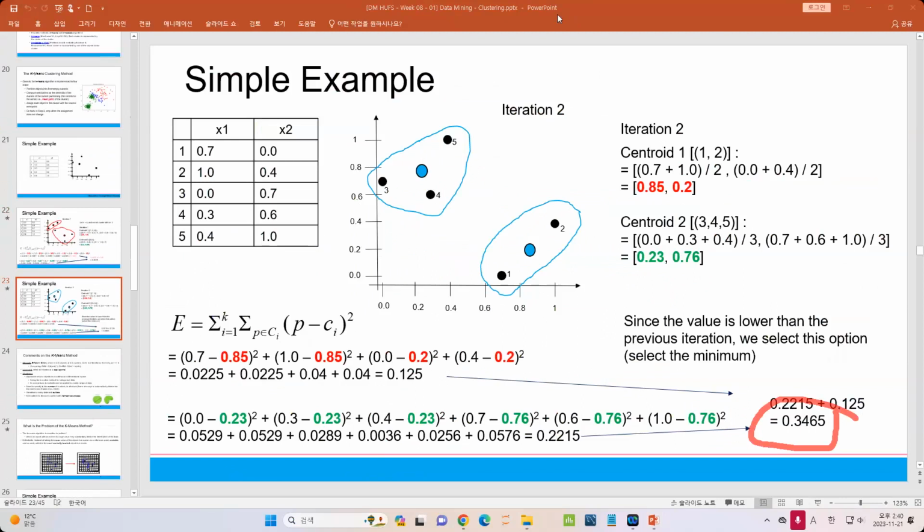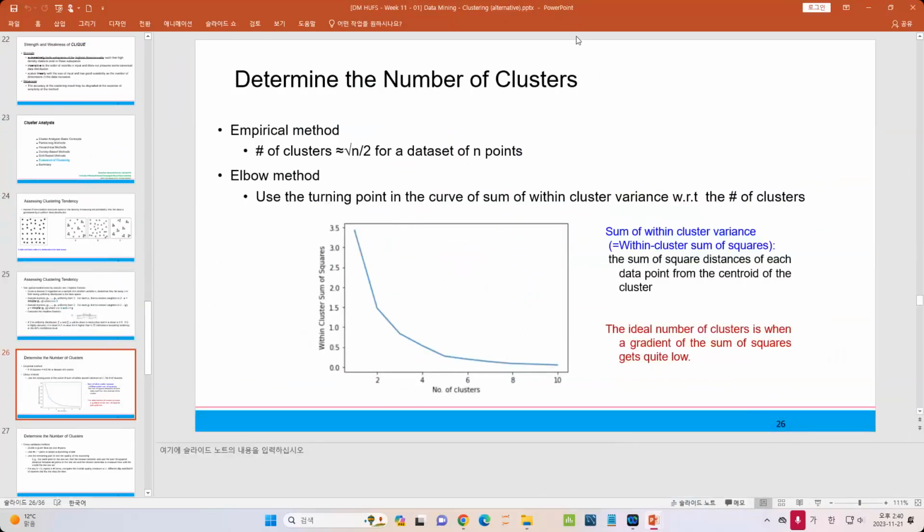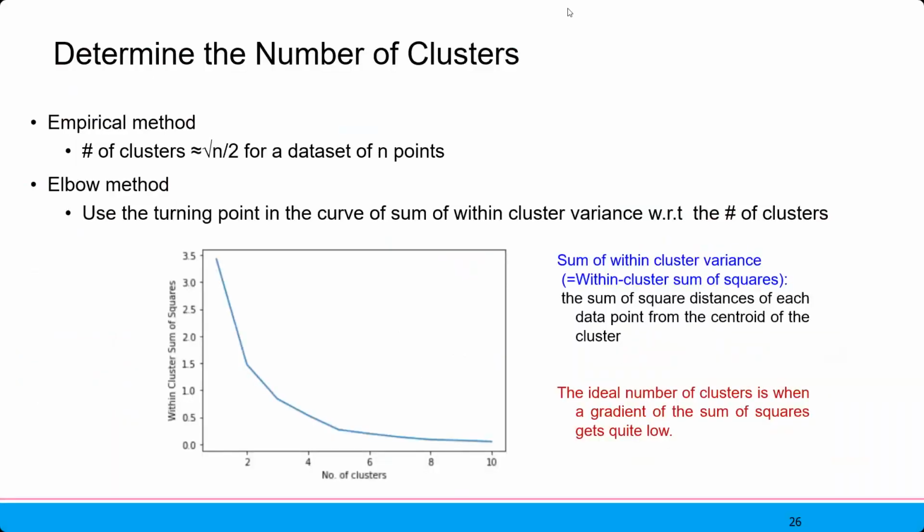What if we do k equals 3? So we do the experiment for every k. When k equals 2, this is the minimum. When k equals 3, this is the minimum. When k equals 4, this is the minimum. When k equals 5, this is the minimum. When k equals 6, this is the minimum, and so on.